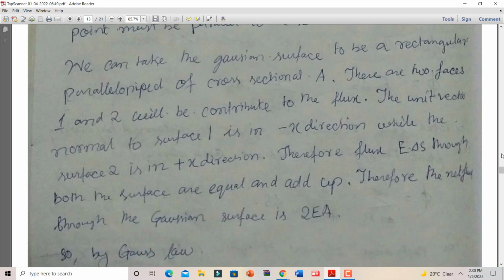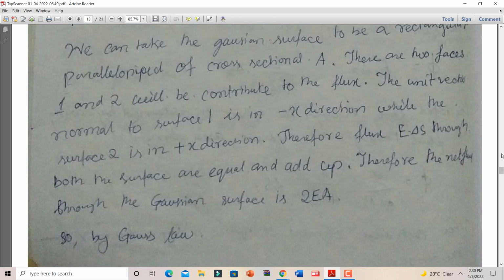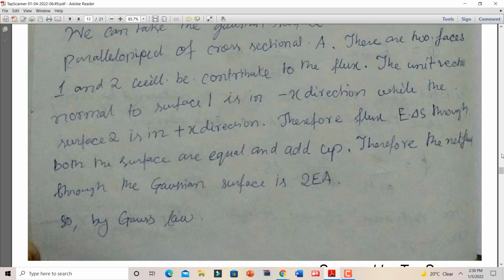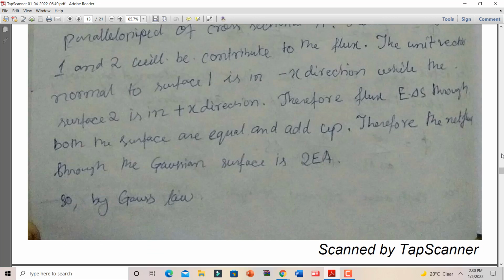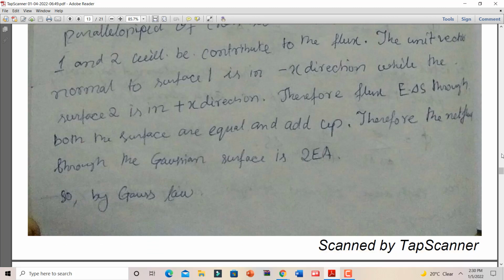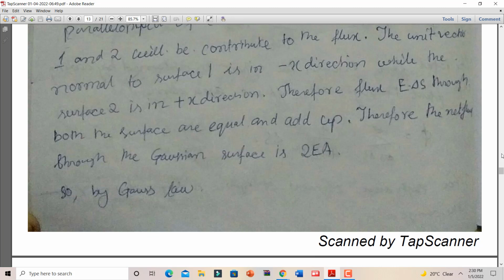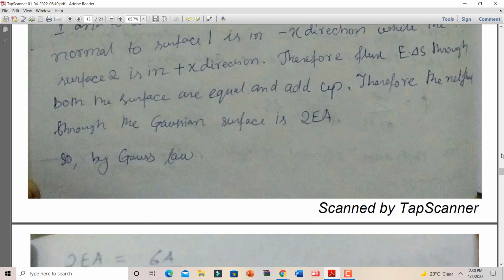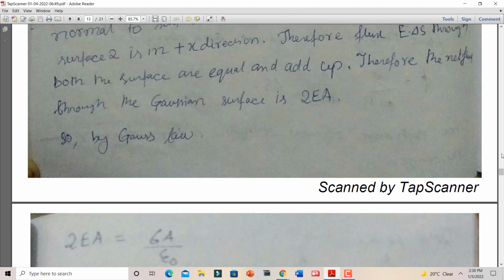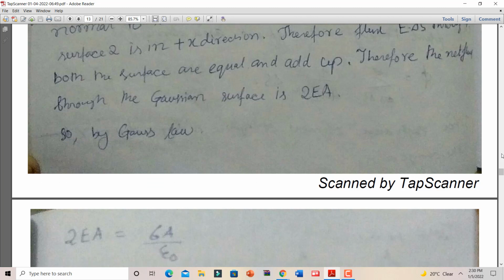We can take the Gaussian surface to be a rectangular parallelepiped of cross-sectional area A. There are two faces 1 and 2, and these will contribute to the flux. The unit vector normal to surface 1 is in the minus x direction, while for surface 2 it is in the plus x direction.